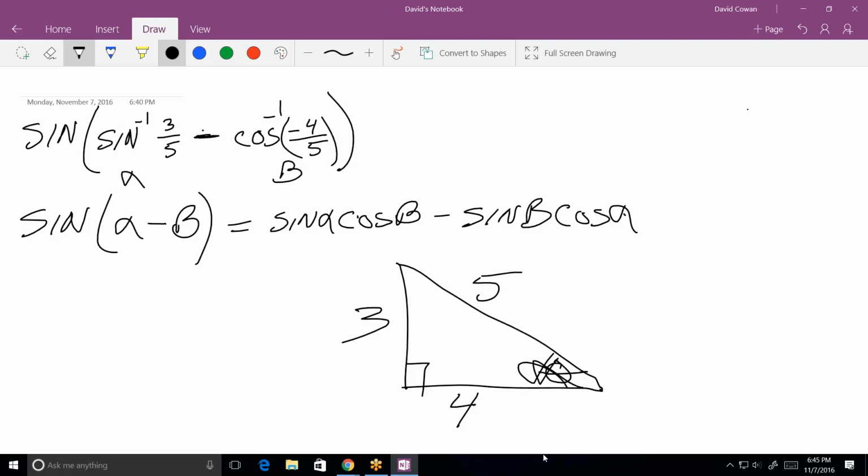So alpha and beta are not exactly equal. If this one is 30, then beta is 150. Oh, so cosine would be negative then. It's the same reference angle, only it's in the second quadrant.